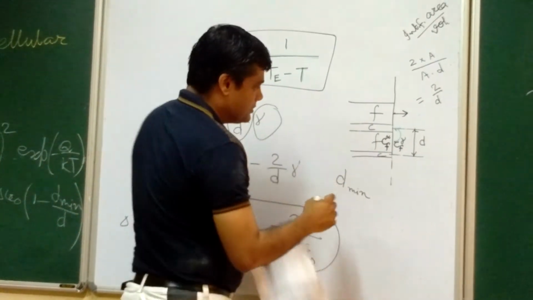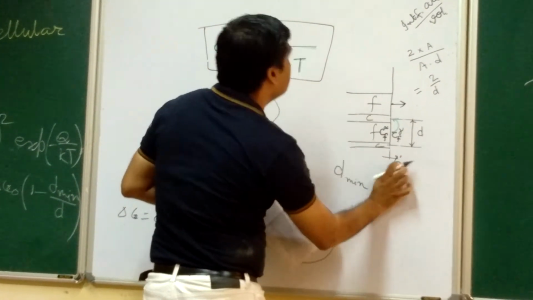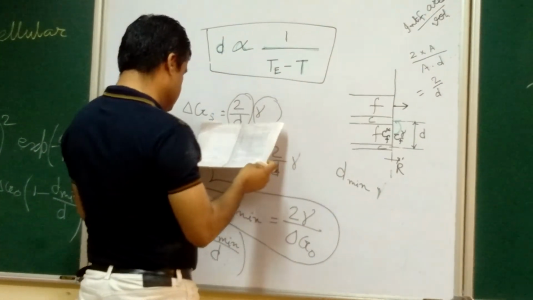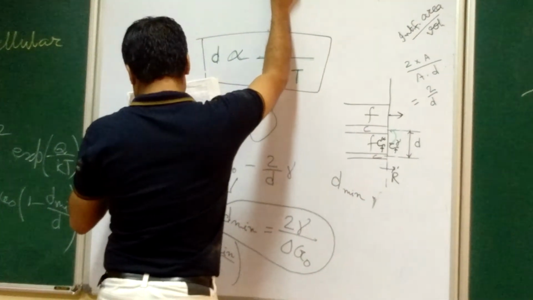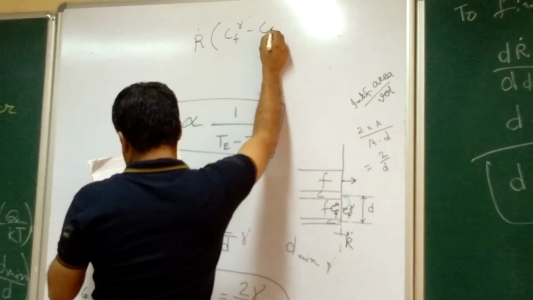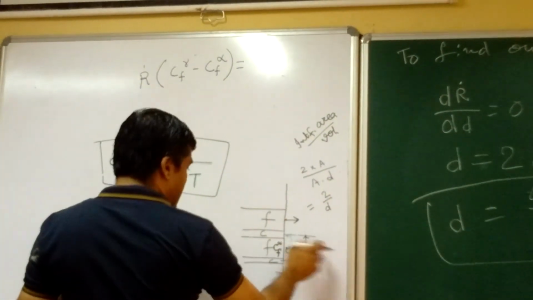So if this interface grows at R dot, then R dot multiplied by the interfacial concentration difference should be equal to the flux.